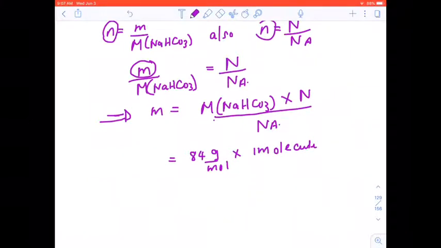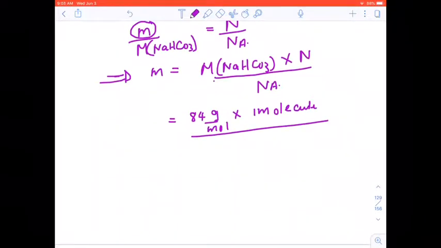But that is 6.023 times 10 to the 23 molecules per mole.